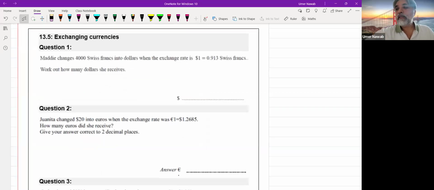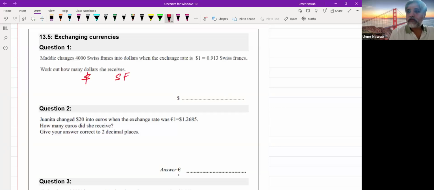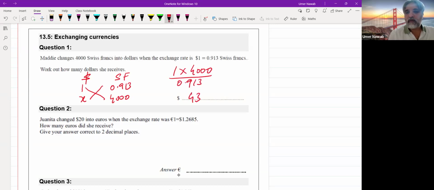Next is currency exchange. Dollar versus Swiss francs. Exchange rate is given to us as 1:0.913. 4,000 versus X. Do cross multiplication. 1 times 4,000 divided by 0.913. This gives you 4381.16.